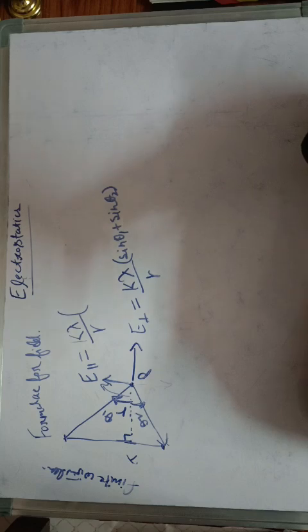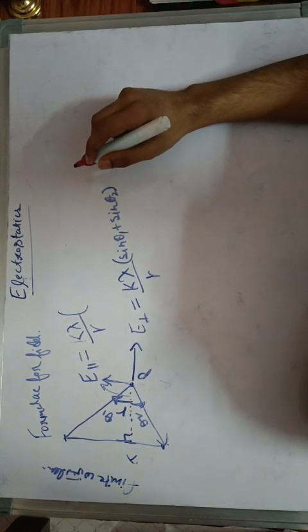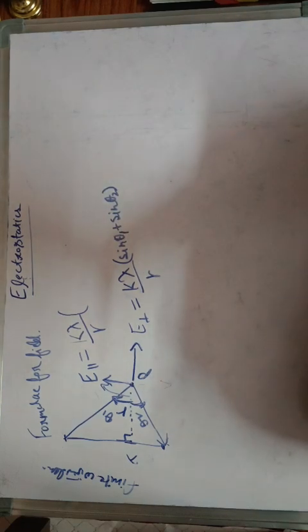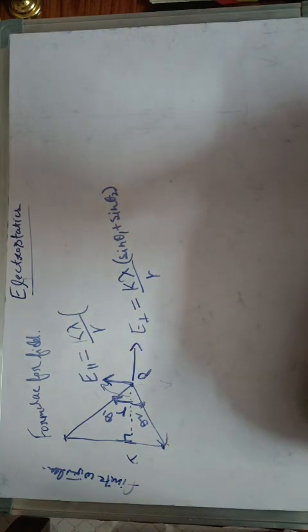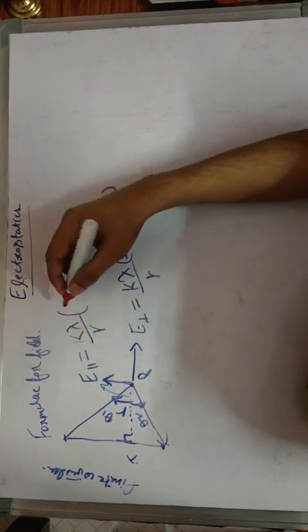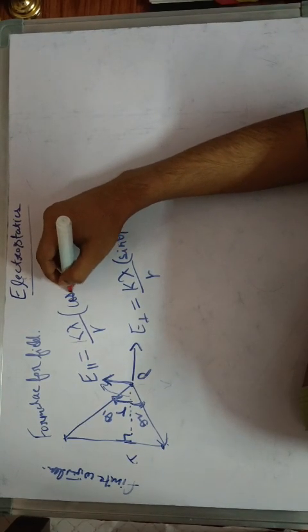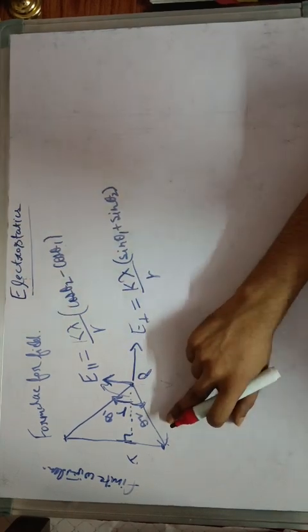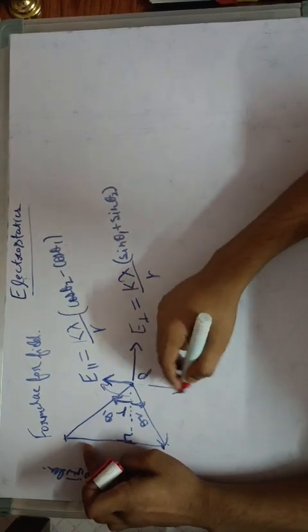So cos theta would be smaller. If I want to use cos theta 1 minus cos theta 2, let's say this is the direction of the field, then this is theta 1 in this direction, so I will say the formula will become cos theta 2 minus cos theta 1. Here it is small and it is large. This value will become positive and the field is in this direction.